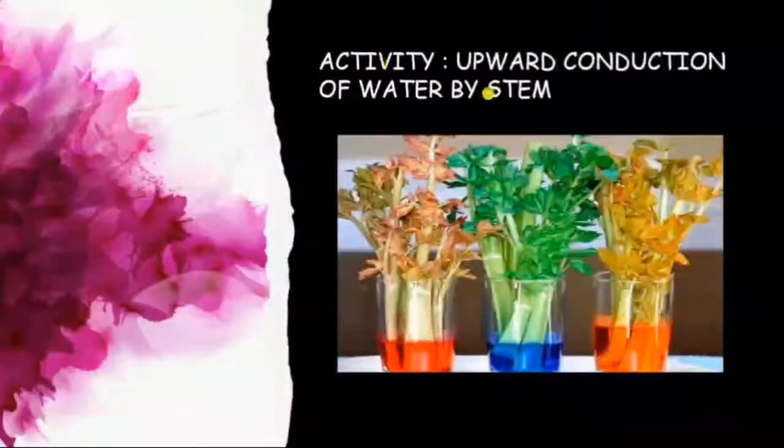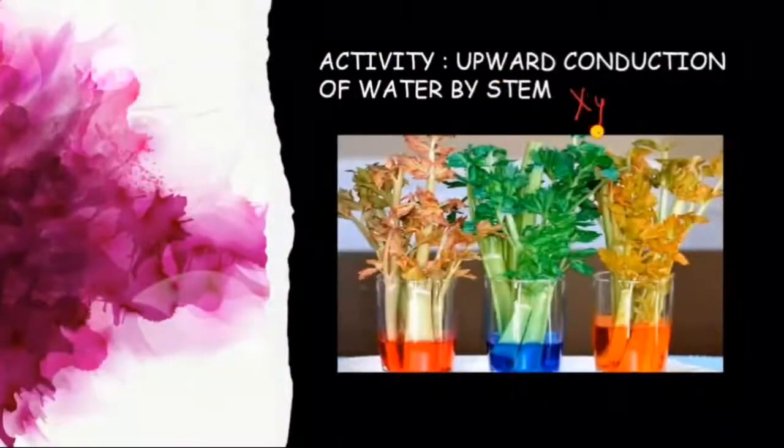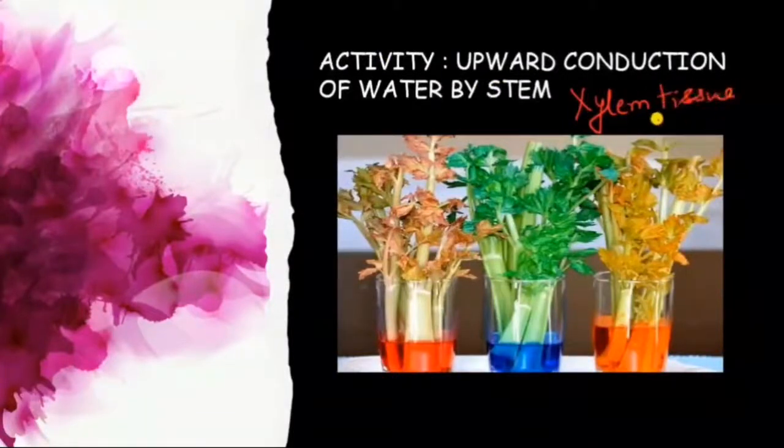As I have told you, in the stem special tissues are there. These tissues are called xylem tissues, which help in the upward movement of water and minerals. In this glass, we have water filled with red ink.